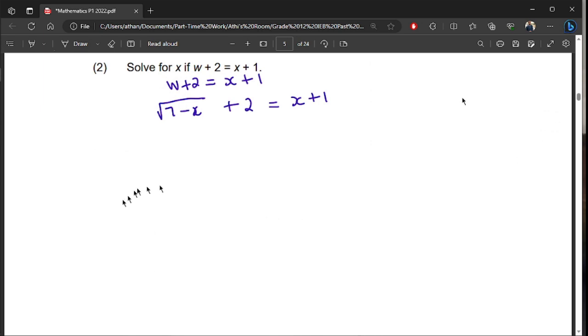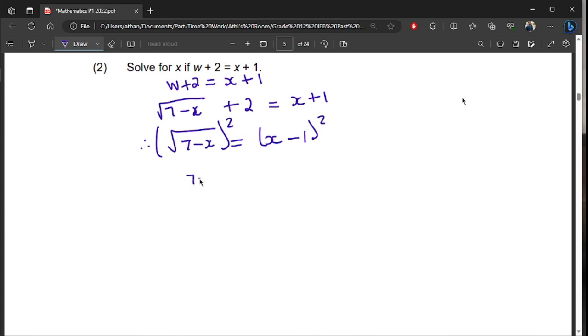So let's solve this equation. Moving 2 to the other side will leave you with square root of 7 minus x equals x, and the 2 will become negative: 1 minus 2 is -1. And then to remove the square root, we have to square both sides of the equation.